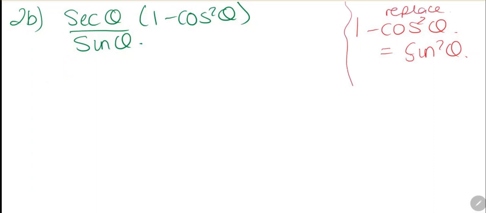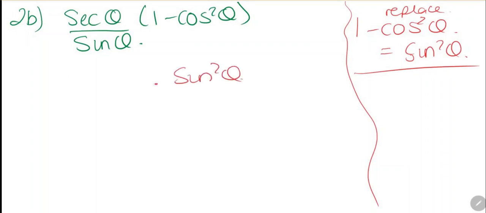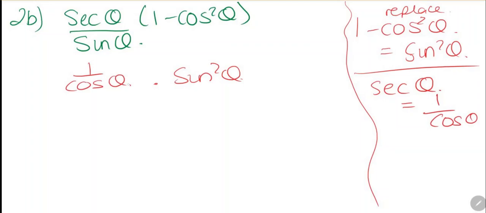We can replace this. So we have sec. Let's do this one first. So this is going to be sine squared theta. Now sec theta, it's not squared, but sec theta is 1 divided by cosine theta. So I'm going to change this to 1 over cosine theta.